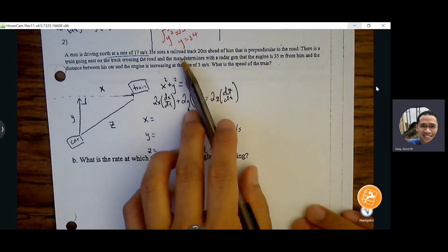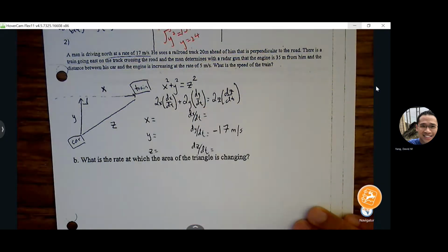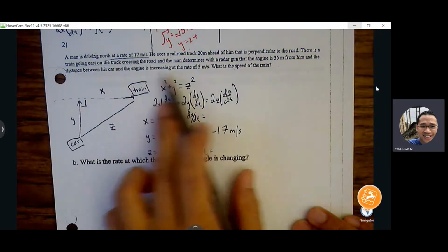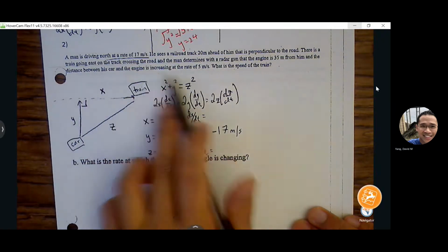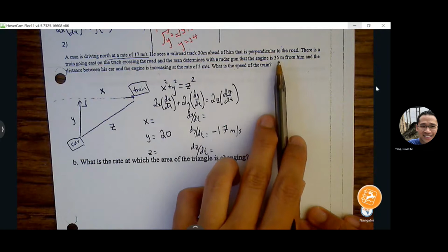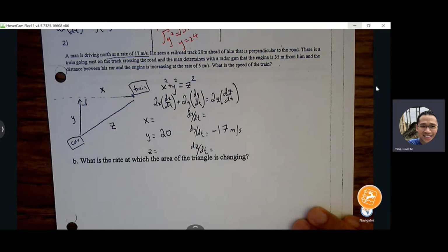Okay, he sees a railroad track 20 meters ahead of him. What would that be? Y. Engine is 35 meters away from him. What would that be? That'd be Z, yeah.